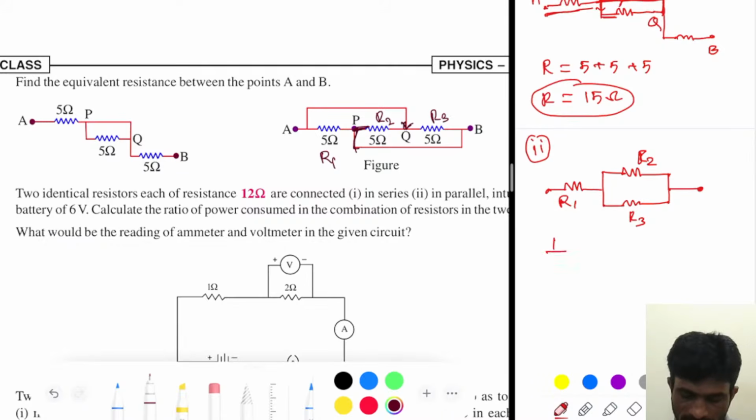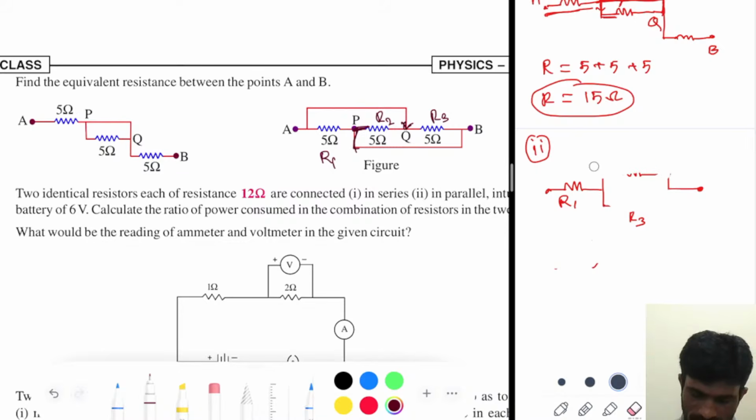So it is going to be 1 by 5 plus 1 by... the two are in series. One second. This not like this, it should be drawn like this.